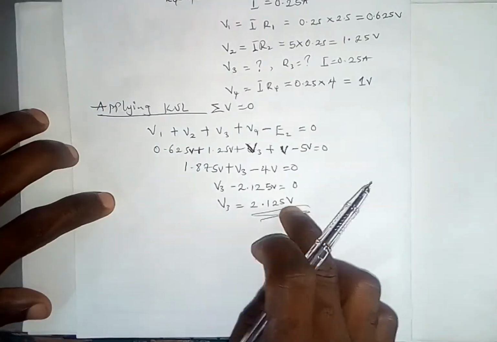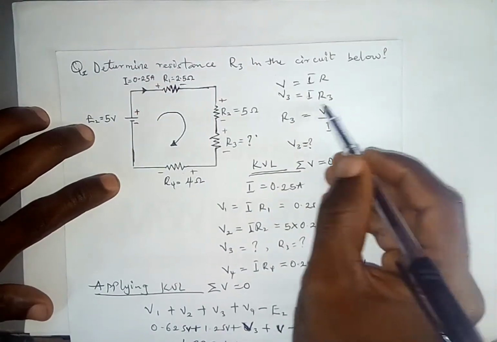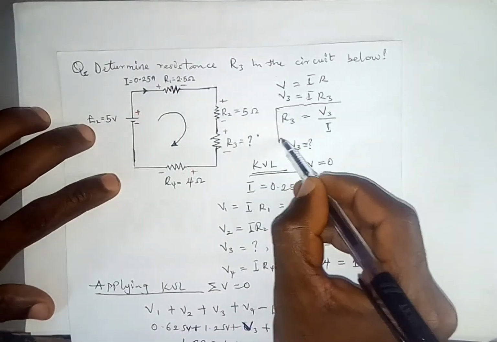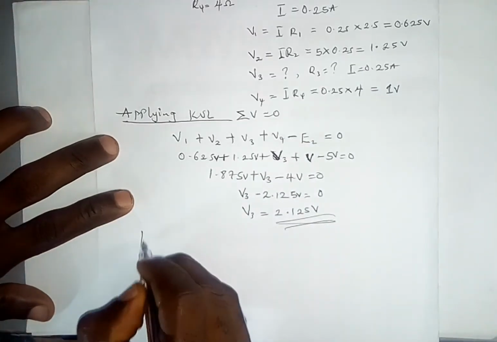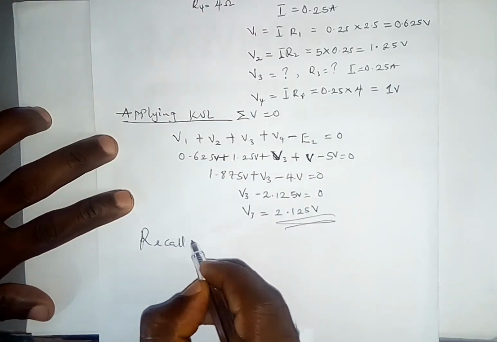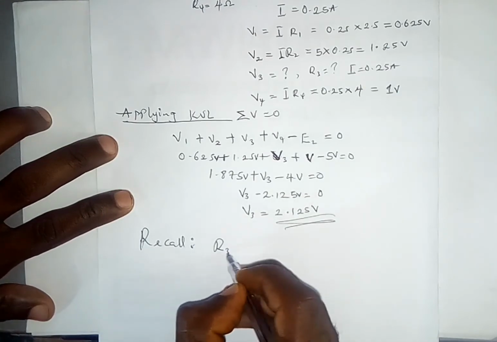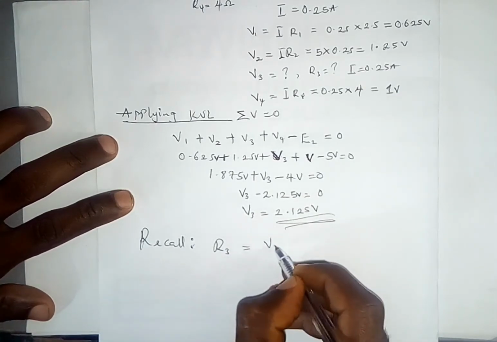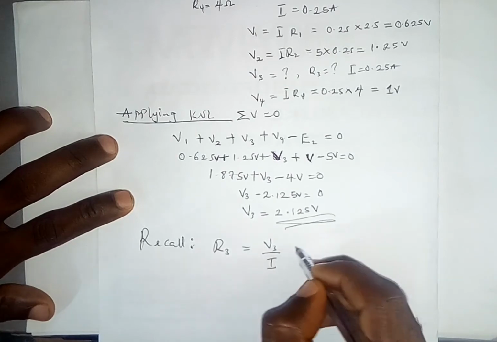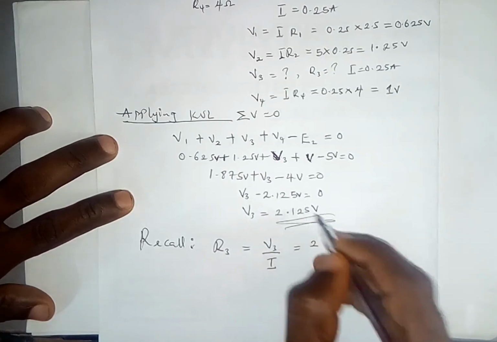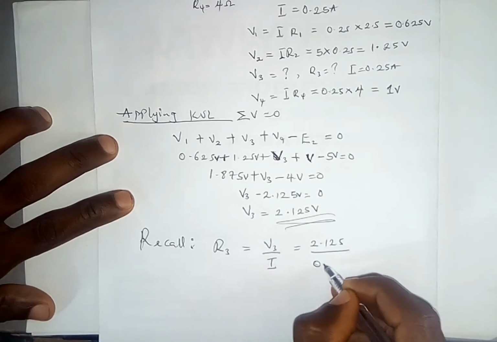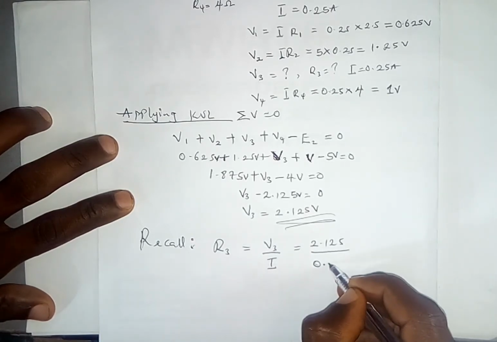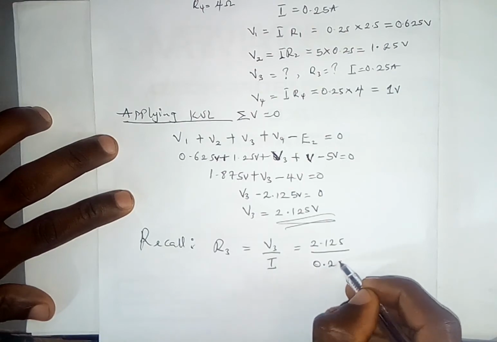So now we can take this back to our Ohm's law from the beginning that we have here. This is what we are going to use, which is what we are going to recall. So we are going to recall our formula, which is R3, which we are looking for, is equal to V3 over the R. So we are going to have V3, which is this 2.125 over R currently 0.25.